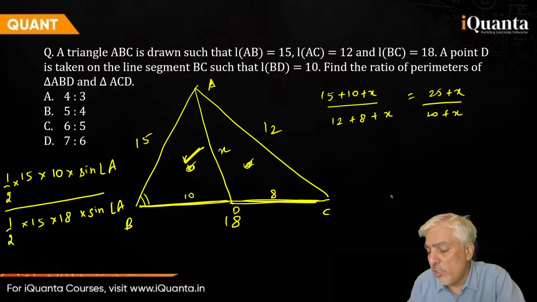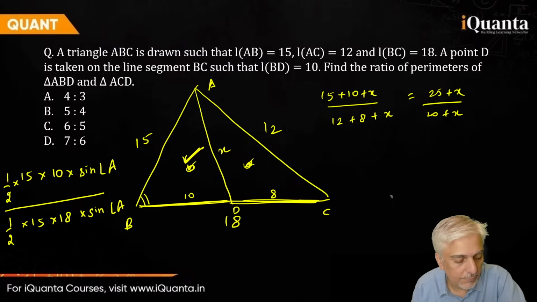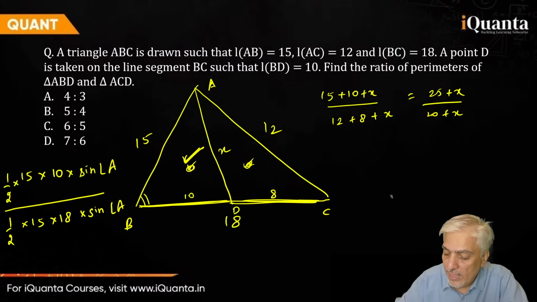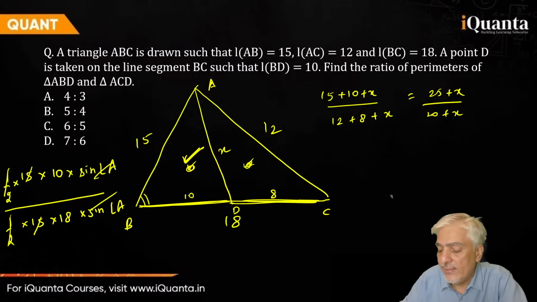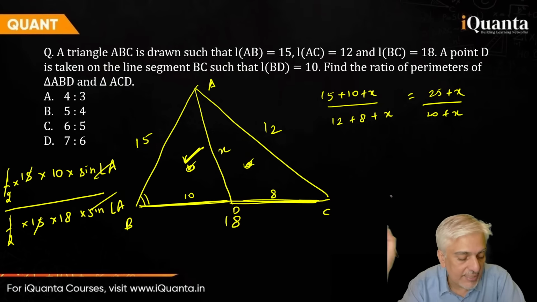Half cut, 15 cut, sine A cut. So obviously the area ratio will be 10 upon 18. But still we haven't got to x.